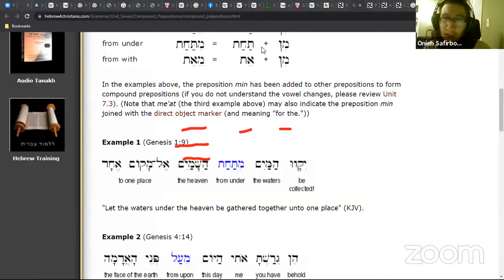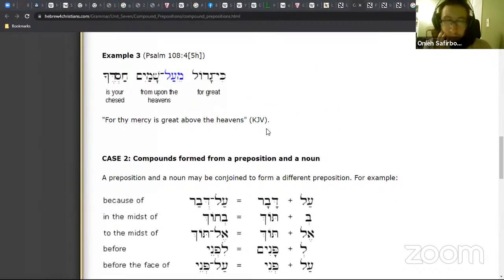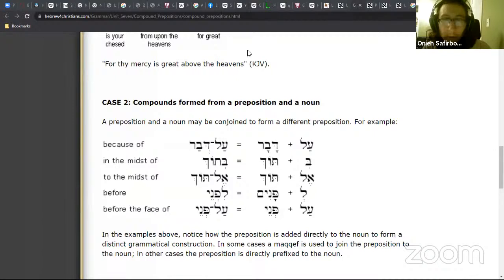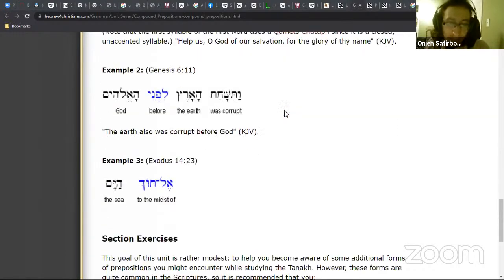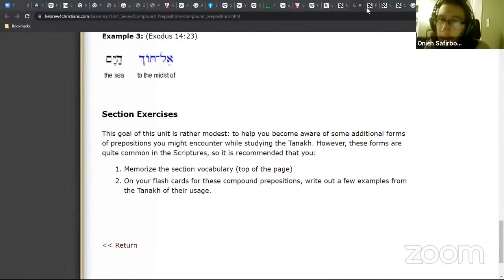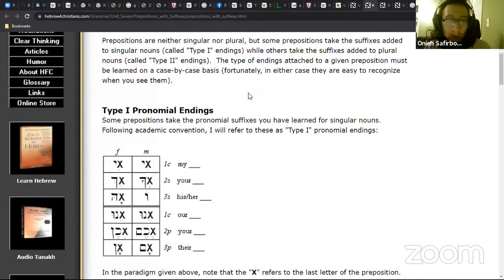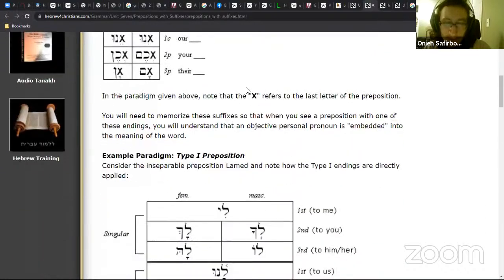Okay, let's see here. So we've already done this vocabulary, so I'm trying to see if there's anything else on this page that we haven't looked at. No, so prepositions can have suffixes.